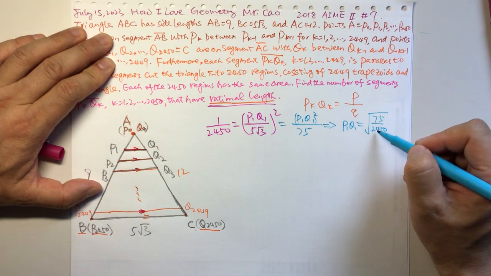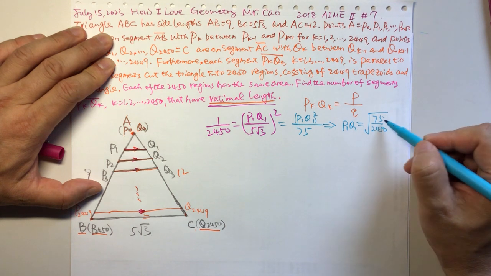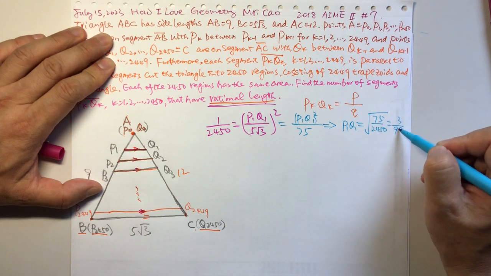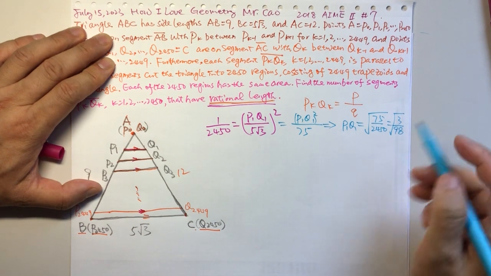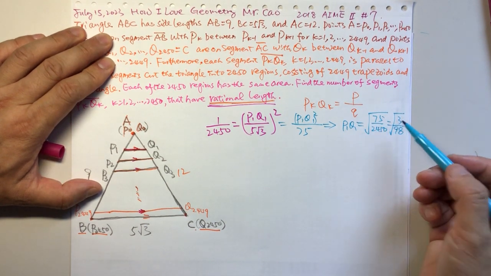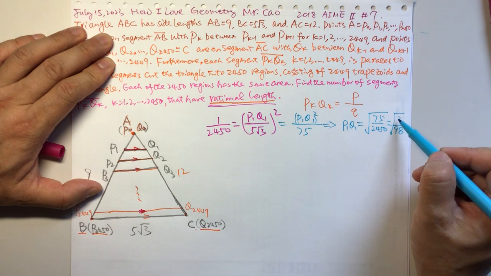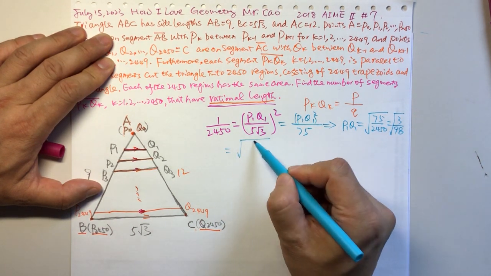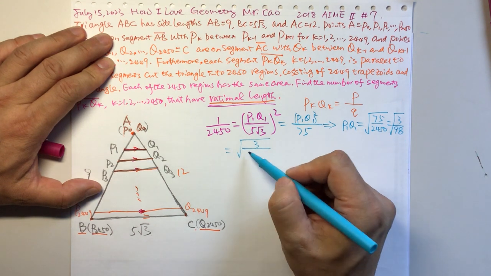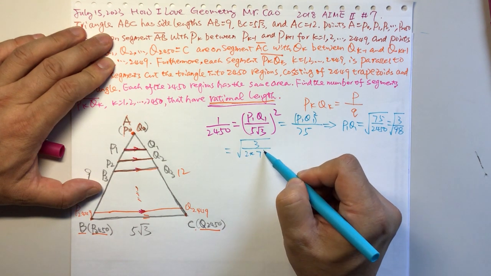All of this is a multiple of 25, so we get 3 over 98 under the square root. Of course, P1Q1 is not rational, because 98 is 2 times 7 squared.